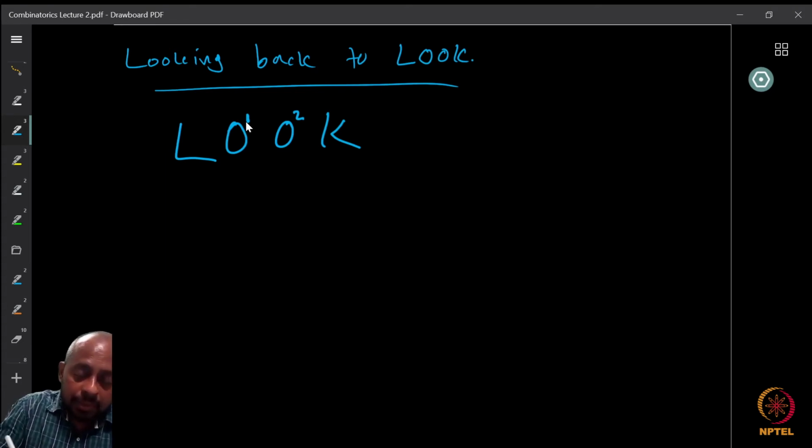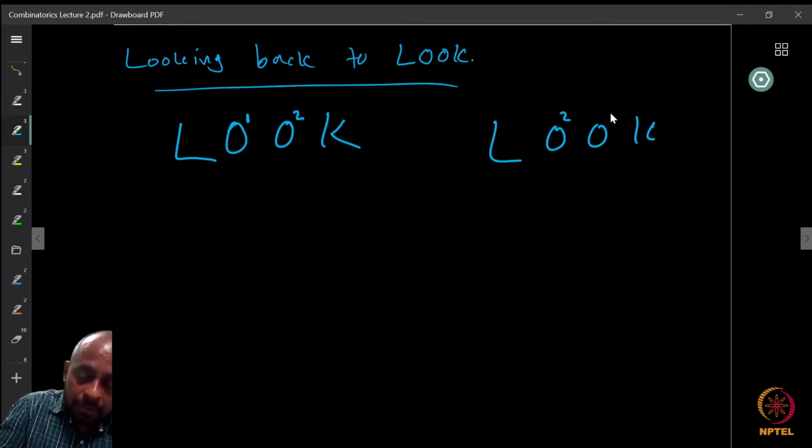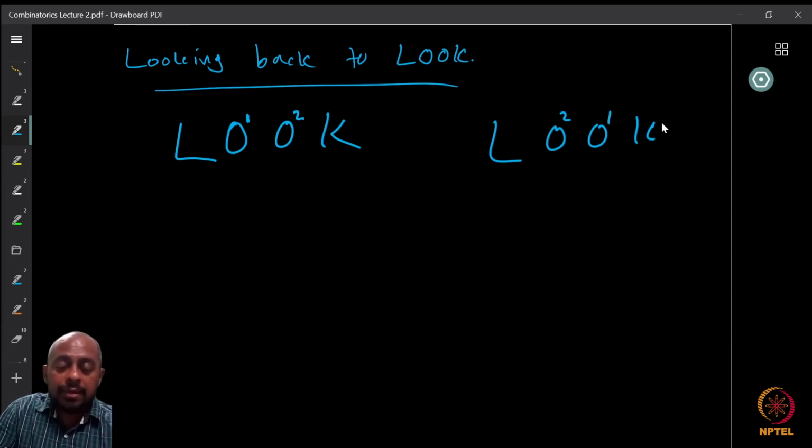Because if I put, for example, LOOK with O2 here and O1 here, this newly labeled LOOK is different from this labeled one, because this is the first O and this is the second O, but here the second O is coming first and the first O coming second, right? So therefore, I can count now using the product rule.